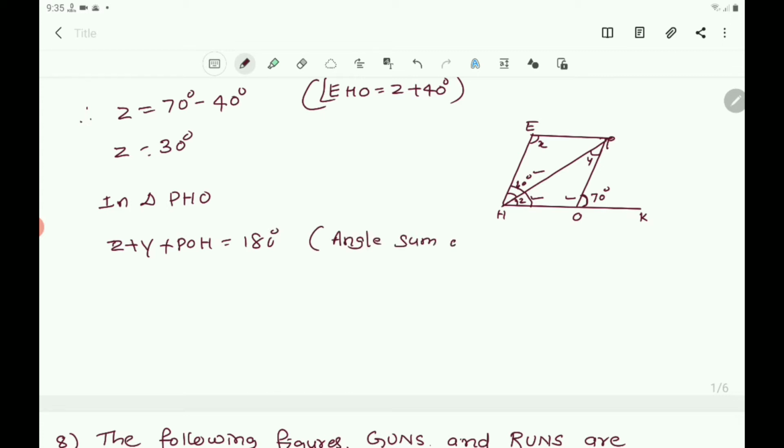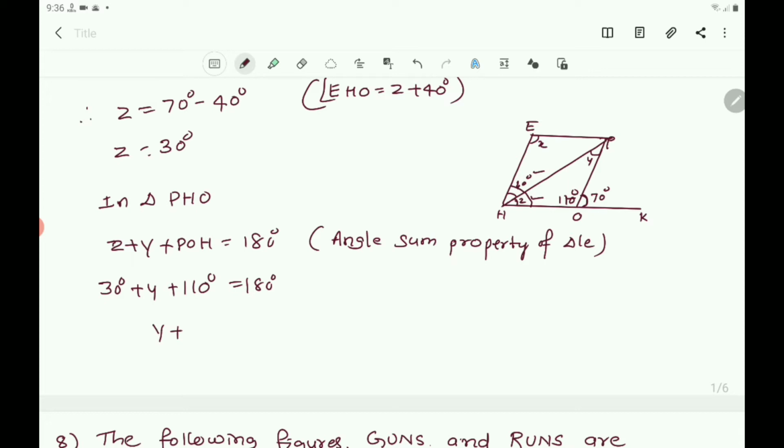Angle sum property of triangle. Then z is 30 degrees, plus y plus POH, that is 110 degrees, is equal to 180 degrees.